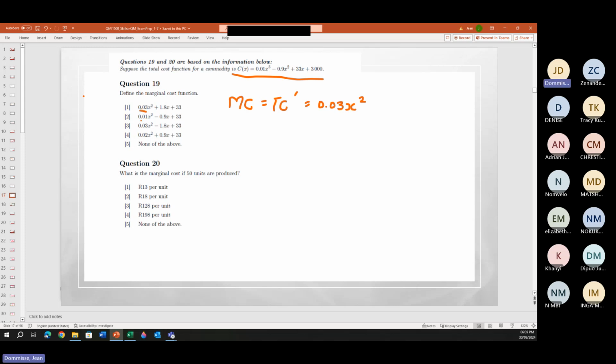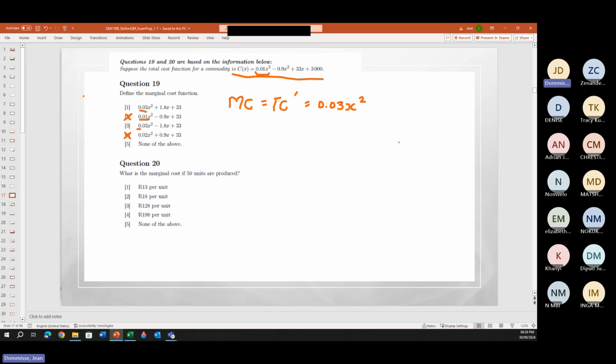There's 1. Okay, so 0.01, that's wrong. 0.02 is also not. Okay, so by differentiating just that first component, we already have eliminated 2 of the possible answers.